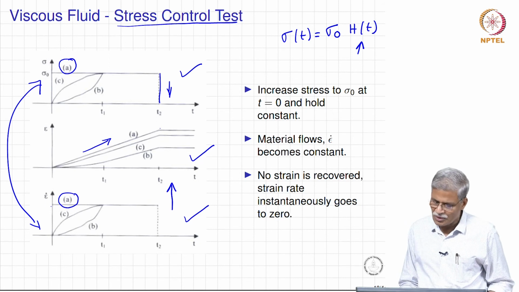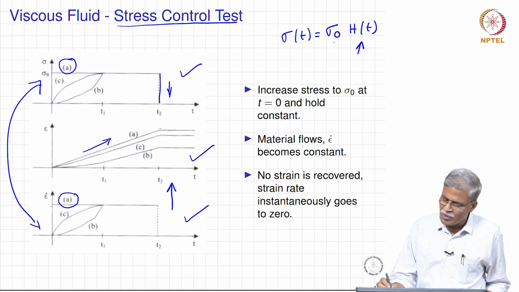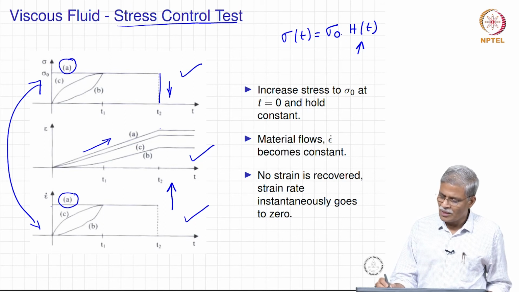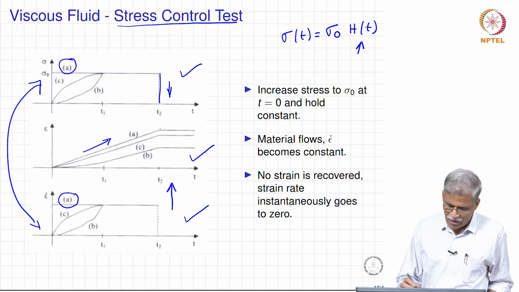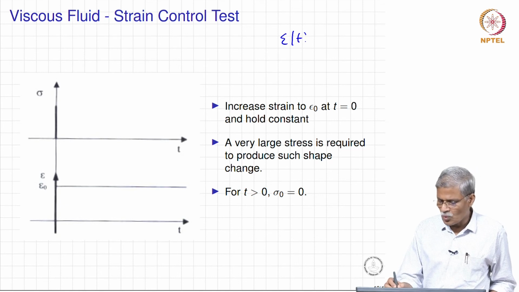What this essentially means is, for t less than 0, sigma is 0, and for t greater than 0, sigma of t is nothing but sigma naught. That is what this operator says. Now, what are we going to do here? If we write the same thing for a strain control test, this is what it is.